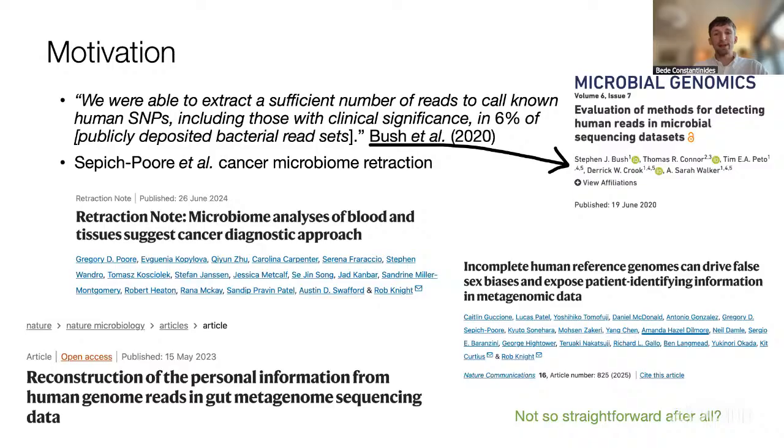This has been echoed and supported in various studies since then. There was also a high-profile retraction of a cancer microbiome Nature paper where it turned out that the microbial signal that the authors claimed could be used to predict cancer was in fact not a microbial signal at all, but driven by human sequences inadvertently influencing the microbial analysis.